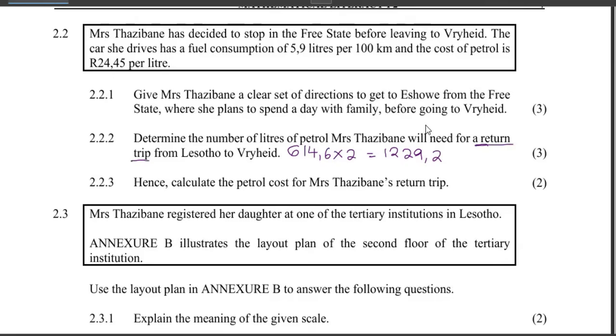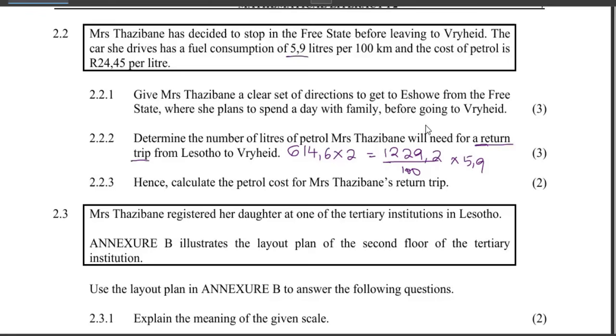We are interested in the number of liters of petrol. So if every 100 kilometers it consumes 5.9, what do we do? We divide by 100, then multiply by 5.9 for every 100. When we divide by 100, we get 12.292 times 5.9.